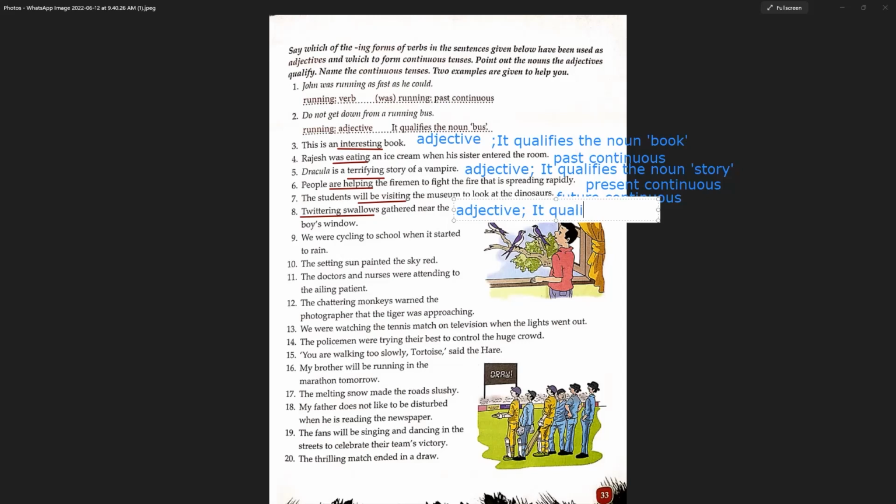Okay. It qualifies. Adjective. It qualifies. Teacher, Okita, number 9.